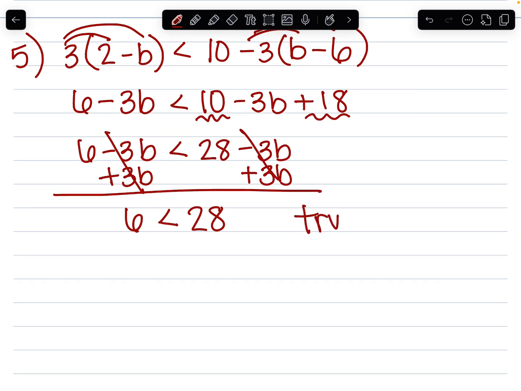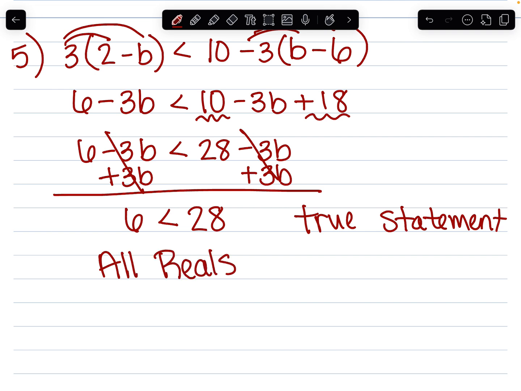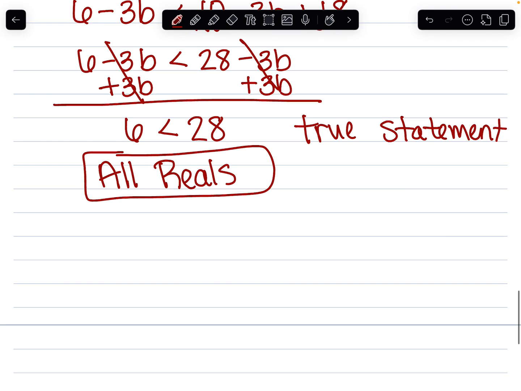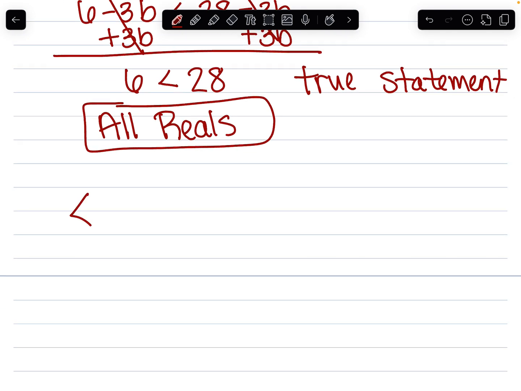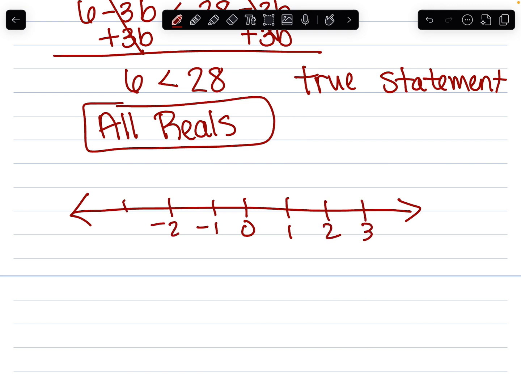So I'm going to write this out to the side so we remember. Now, if I was going to graph all reals on a number line, what would all numbers look like graphed here?